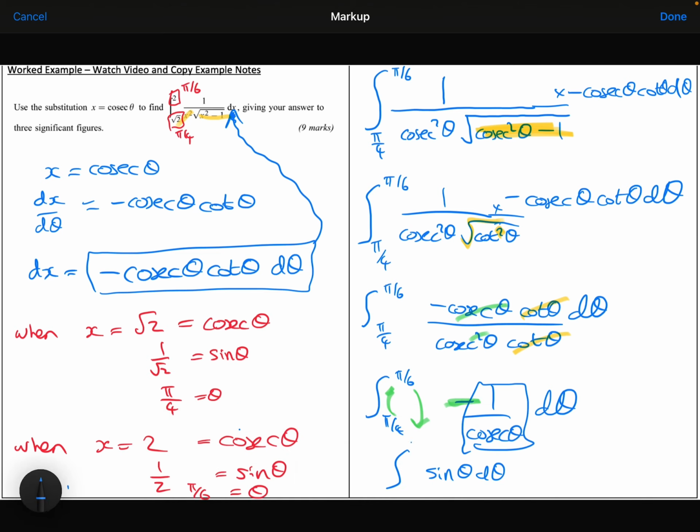So I've turned all of this complicated integral into simply the integral of sine from pi over 4 to pi over 6. Sine integrates to be minus cos.